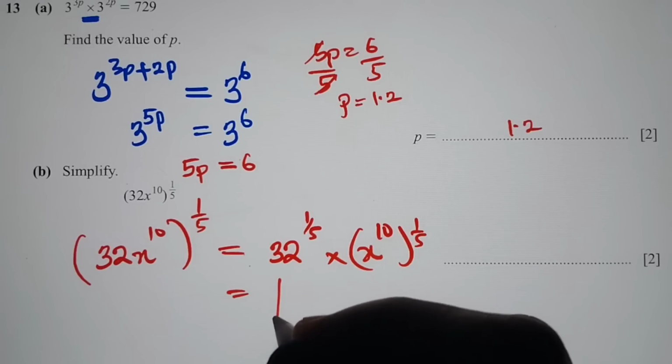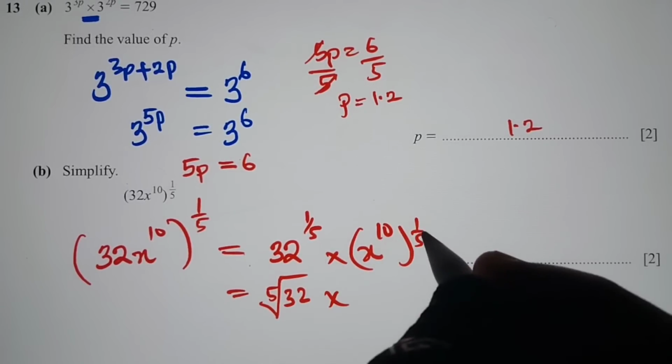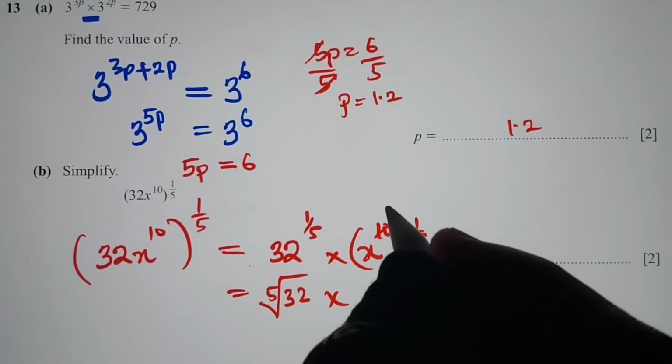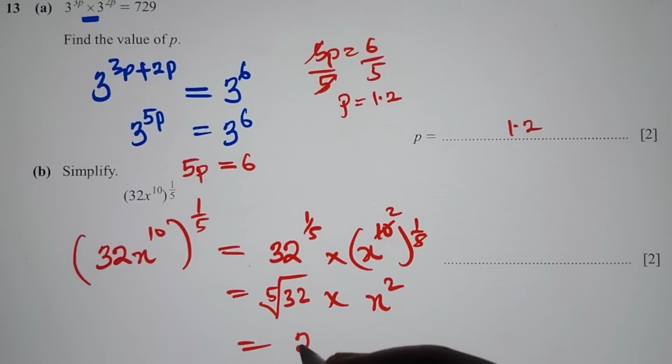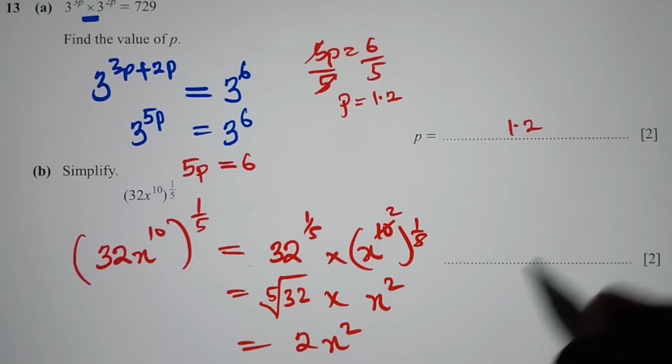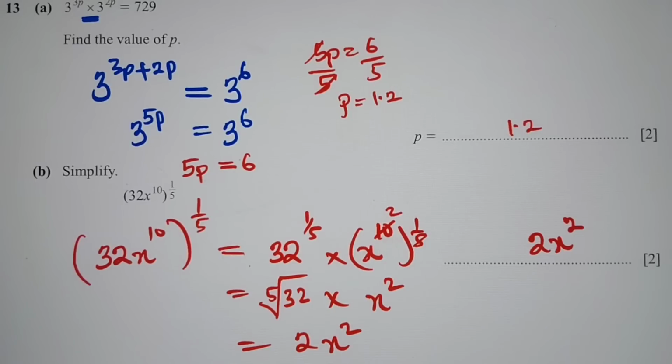So this is the 5th root of 32, which is 2, times x raised to power 2. So this is 2x raised to power 2, and that is your final answer.